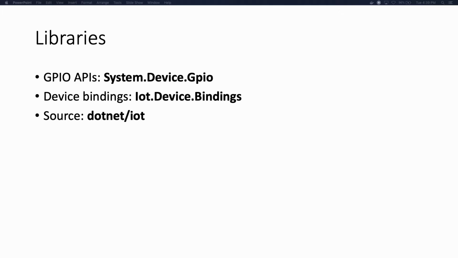Iot.Device.Bindings is a community-supported library. All the source is in the .NET repo, but it doesn't have the same level of support. We intend to continually expand the number of bindings in it and also improve the quality over time. But it is a community-supported package.